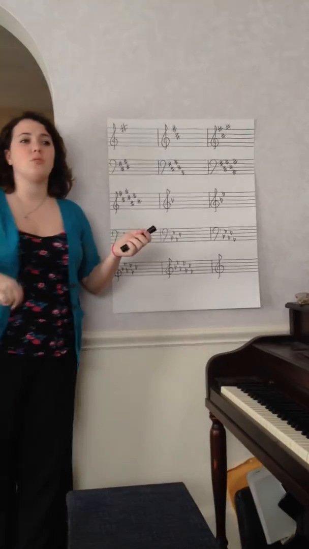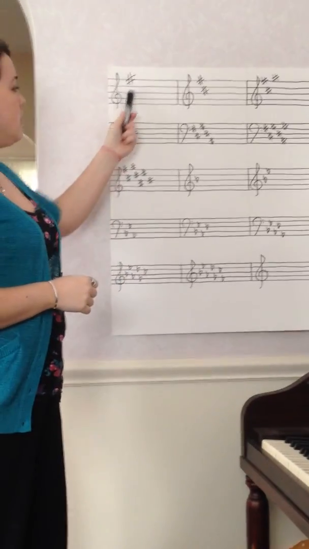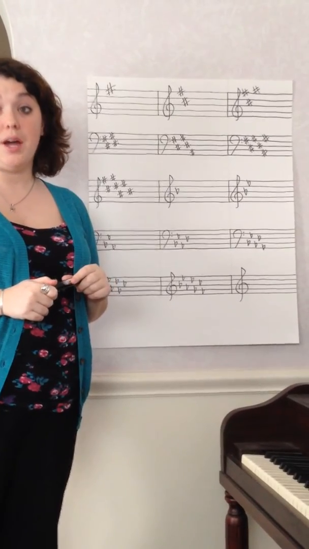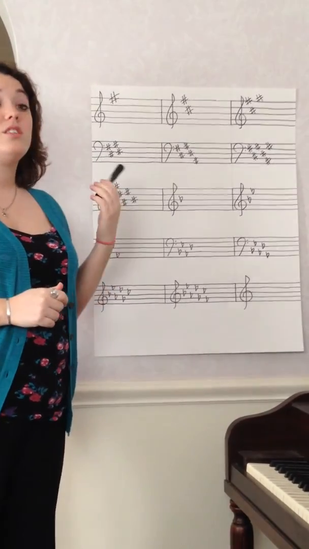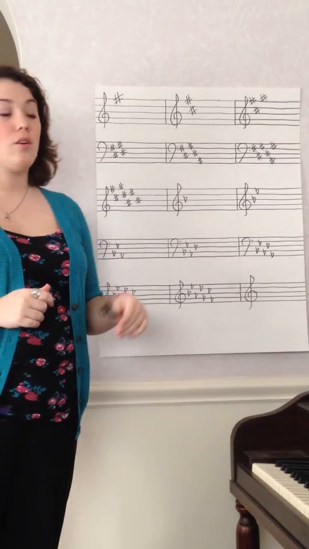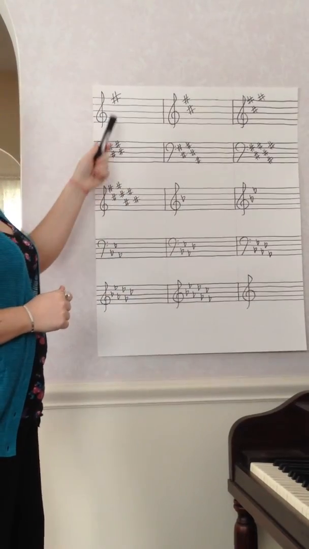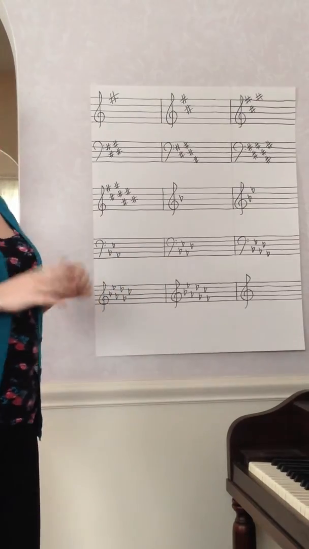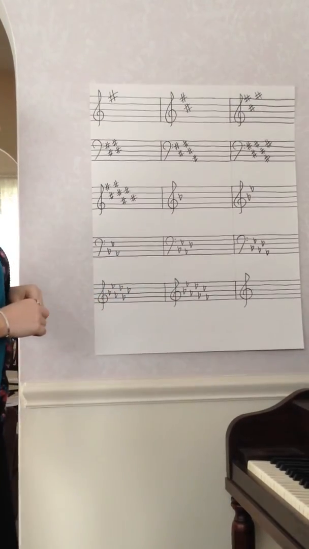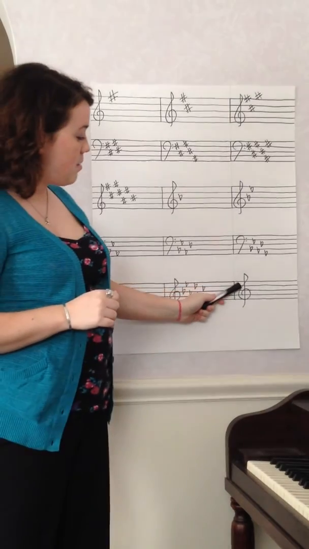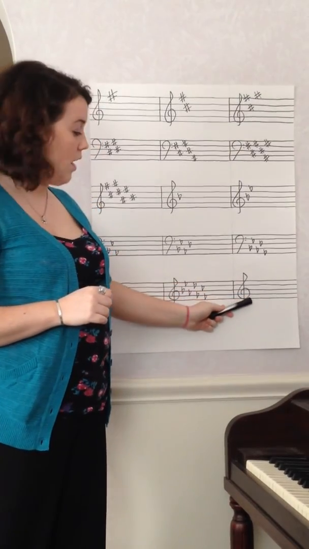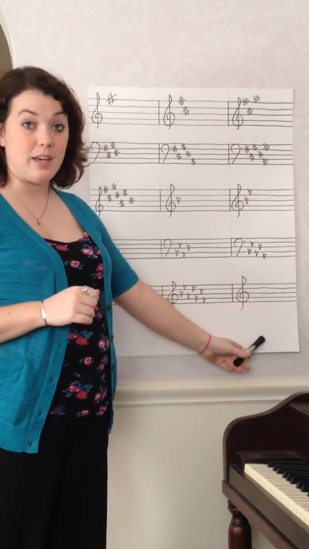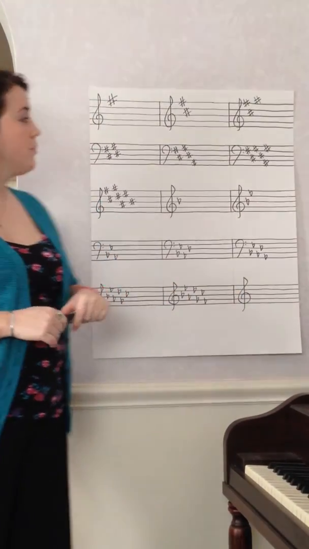So you'll see a number of these. If you've ever looked in your music, sharps and flats usually come after the time signature, correct? So, to determine the key, we have to see how many sharps or flats are in this major key. All right, so we know that C major has no sharps or flats, so the key signature will be left blank, okay?